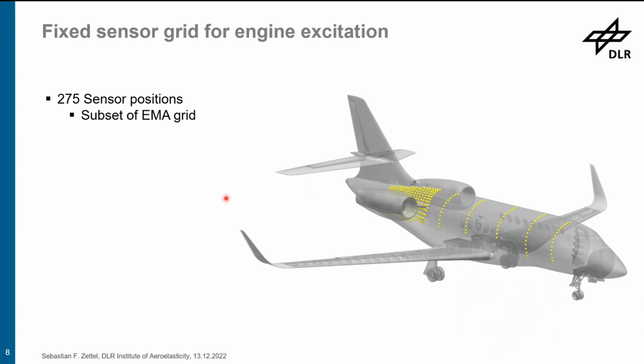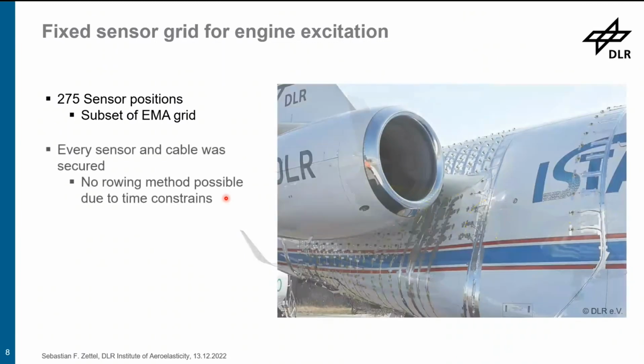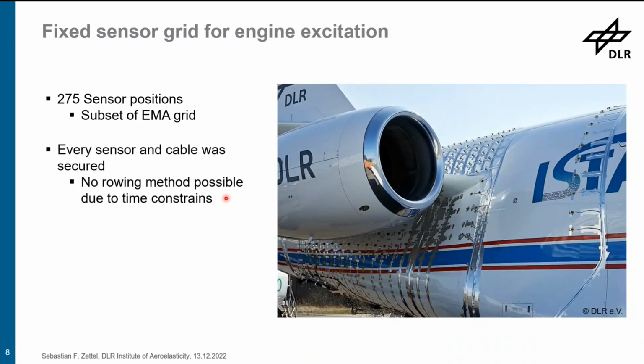For this part of the measurement campaign, we had very strict guidelines because we couldn't use a rowing grid, as it was not possible due to time constraints, because the engines couldn't run so long. But also we had to tape down every single sensor and the cables to the fuselage to make sure that no sensor or cable would get sucked into the engine, because this would have been catastrophic.